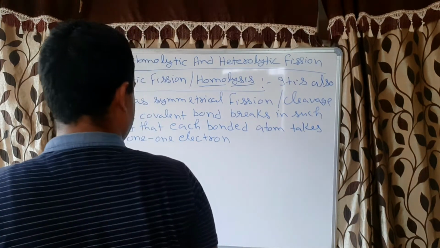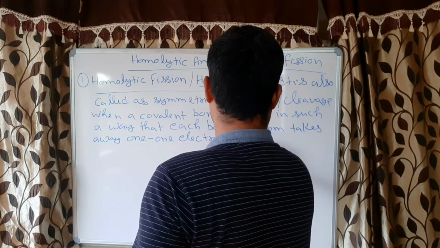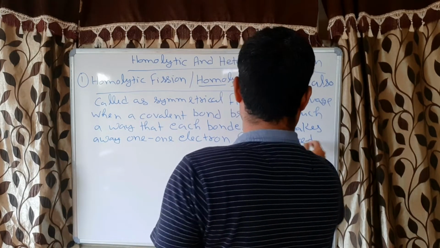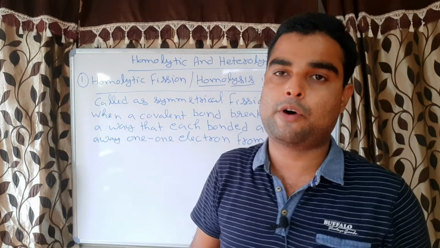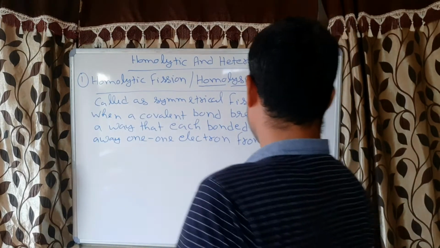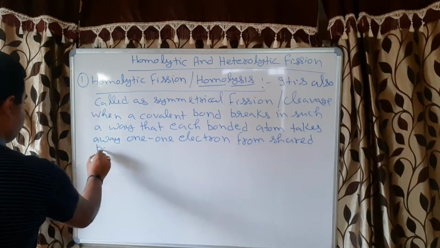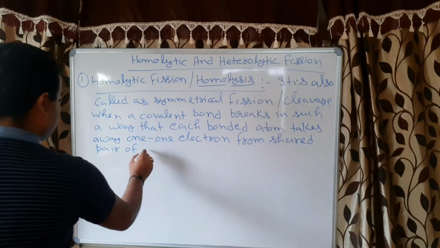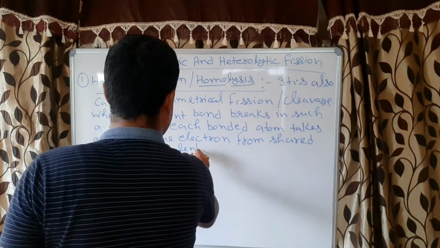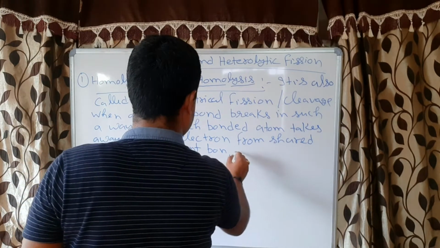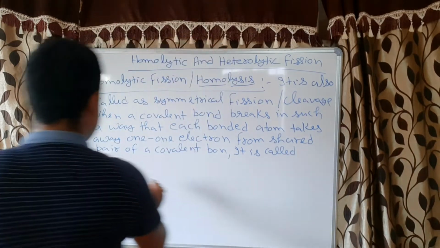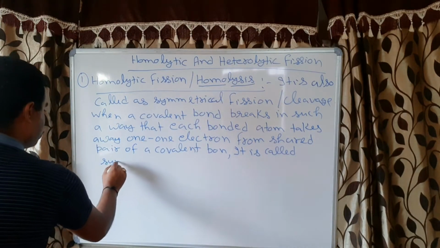From where? One electron from the shared pair. Which shared pair? Because a covalent bond is made up of sharing of two electrons, from that shared pair of a covalent bond, then it is called symmetrical fission or homolytic fission.